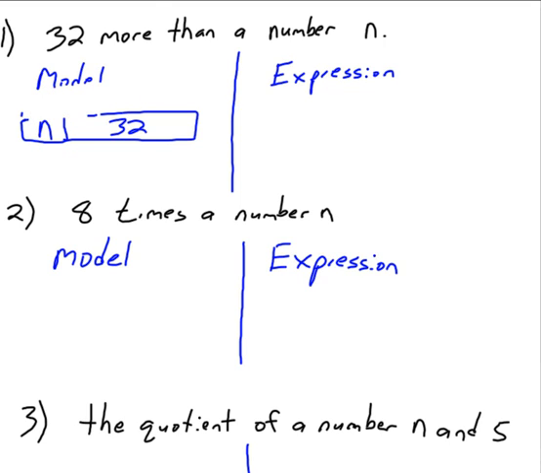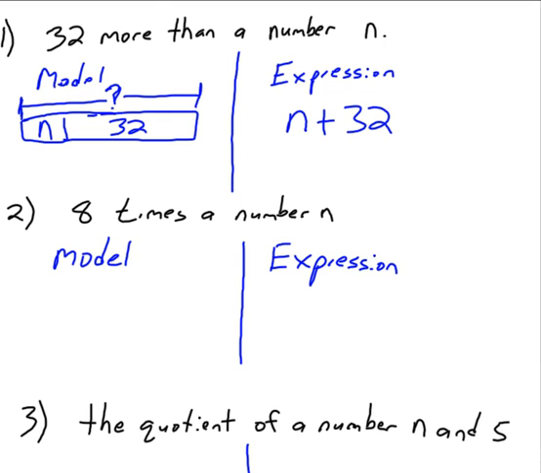Alright, so 32 more than n would be the distance from this edge to this edge here. And the expression, starting with an easy one, could be n plus 32.